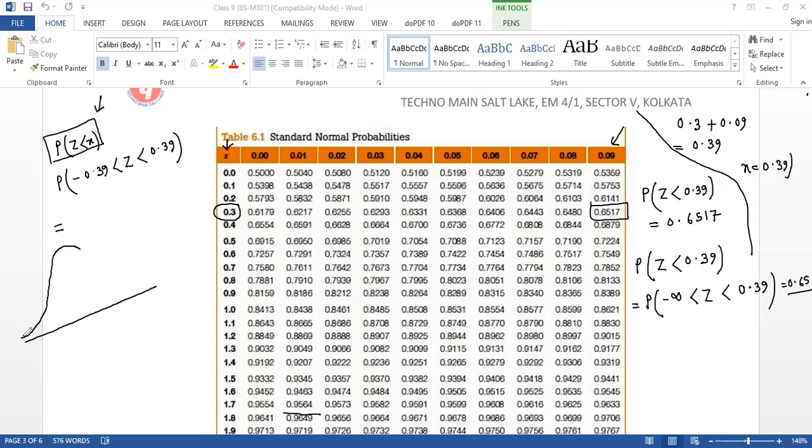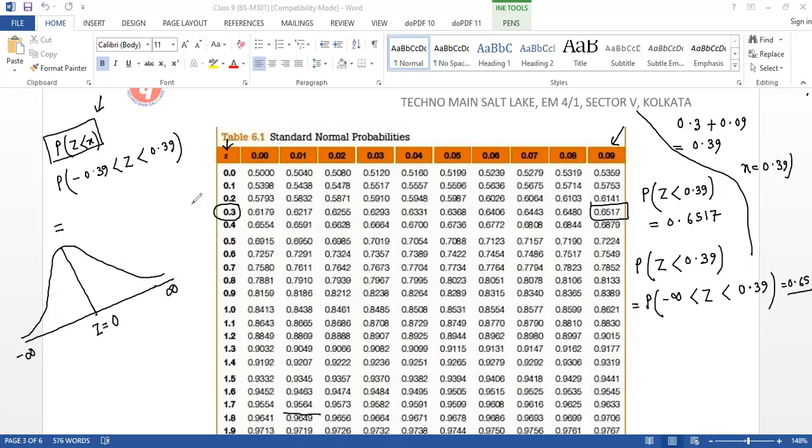Now, if I draw the normal curve, rather the standard normal curve, you are going to see why it is easy to apply the standard normal curve. This particular point has now become the origin, the left hand side is the negative portion and the right hand side is the positive portion, running from minus infinity to plus infinity.